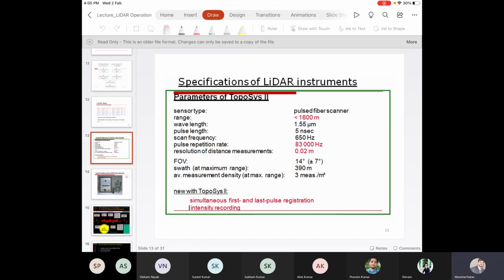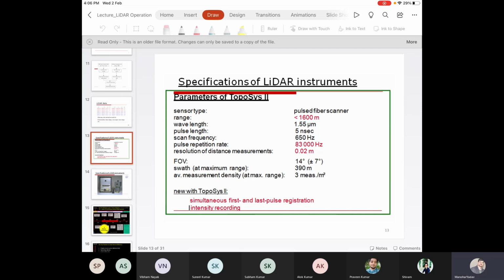Scan frequency is the rate at which the mirror rotates. We have already discussed in case of terrestrial laser scanning, the laser source and mirror rotate, so in a vertical plane, laser beams are fired. So what is the speed of rotation of the mirror?